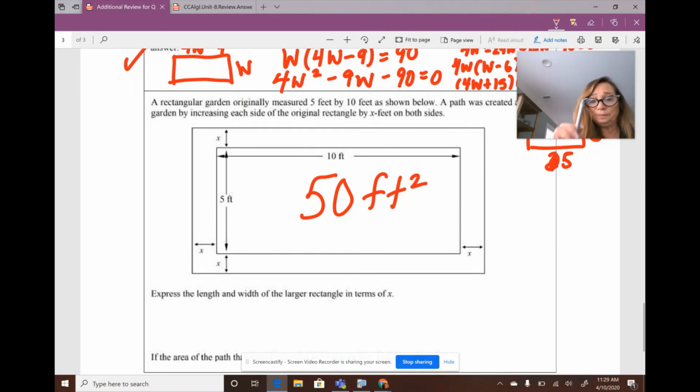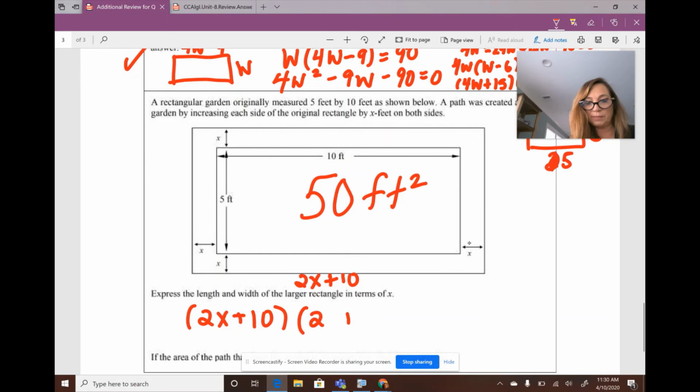Okay, so the tricky part here is remembering that there's an x on the left and an x on the right, which makes the entire length 2 x's, the x from here and the x from here, plus the 10. So 2x plus 10. And then the same thing going up and down. There's the x on the top, the x on the bottom, and the 5. So that gives me 2x plus 5.